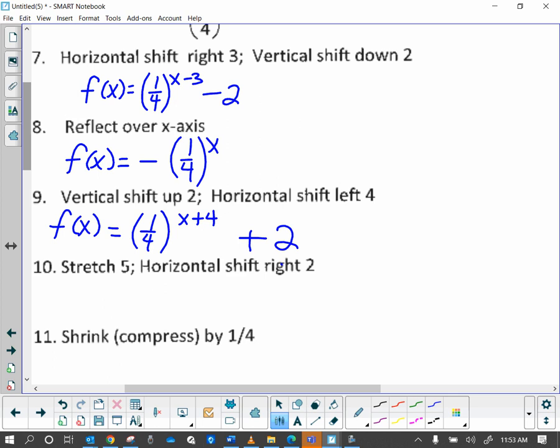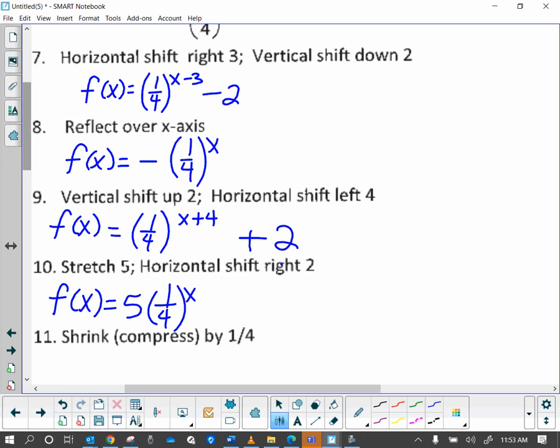Okay. Number 10, a stretch of 5 and a horizontal shift right. Anytime you're stretching or shrinking, that is what goes in front of your B. That's your A value. So this is going to be f of x equals 5 times our parent function, which is 1/4 to the x power.